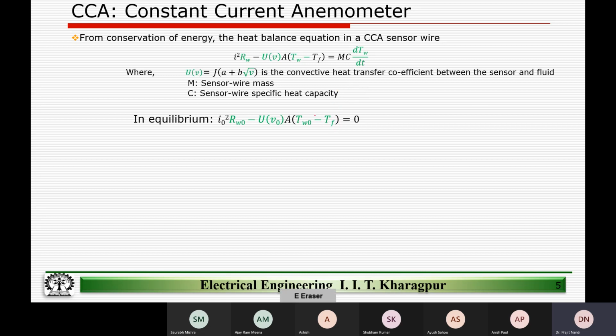It's a fixed quantity. What changes is the resistance and the temperature of the wire based on the fluid temperature and all these factors. And at equilibrium, the temperature of the wire is not going to increase. Fair enough, not a big deal.